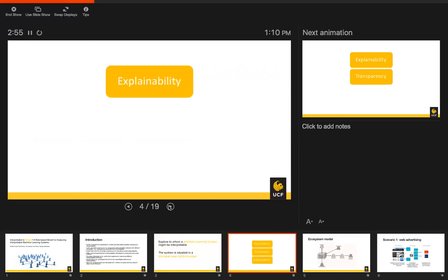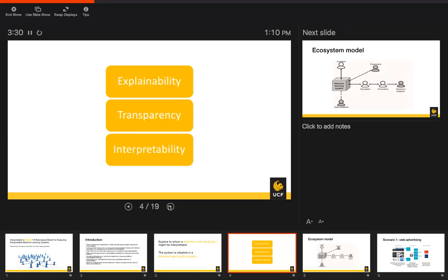So there are 3 terminologies here. The first one is explainability. Explainability is the level to which a system can provide clarification for the cause of the decisions and outputs of the system. A second terminology is transparency. Transparency means the level to which a system provides information about its internal workings and or structure of the models and the data it has been trained with.